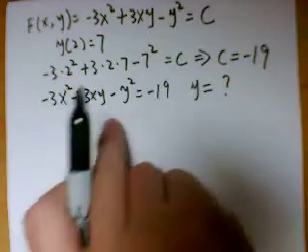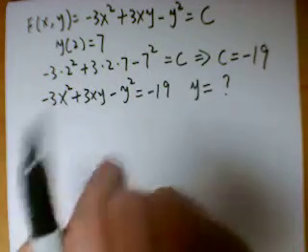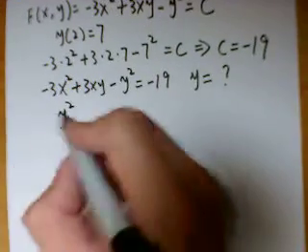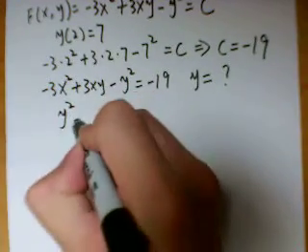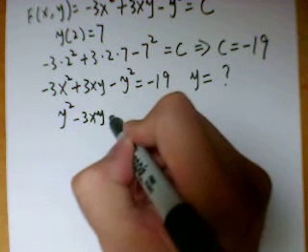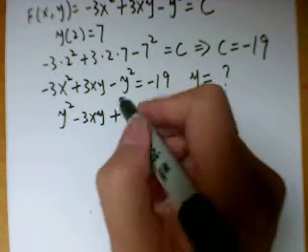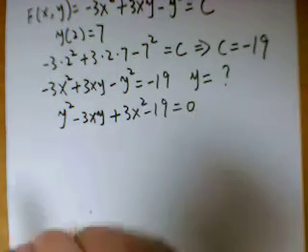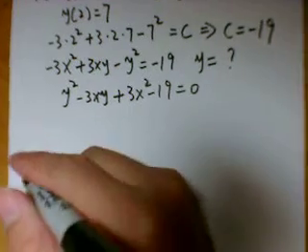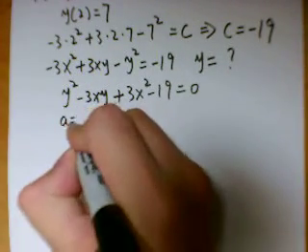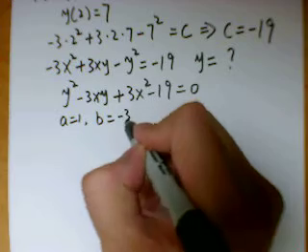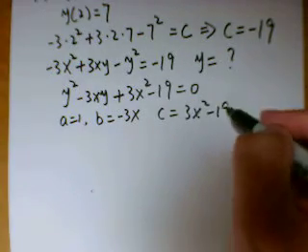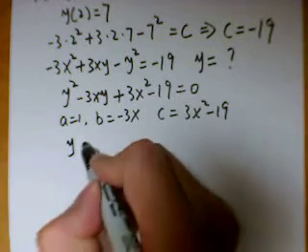If you move all the terms to the right hand side, we can write down the quadratic equation. Now we have a equals 1, b equals negative 3x, and c equals 3x squared minus 19.